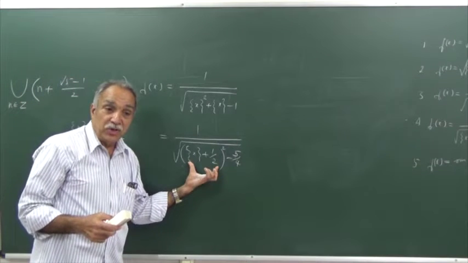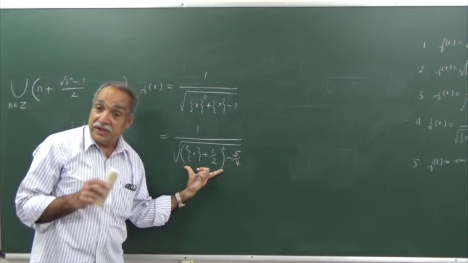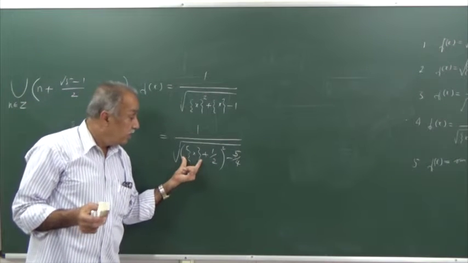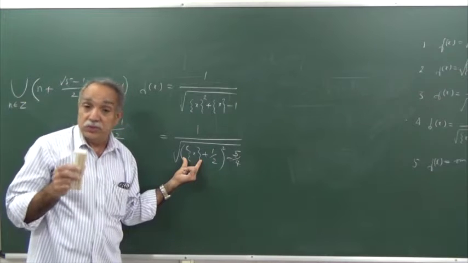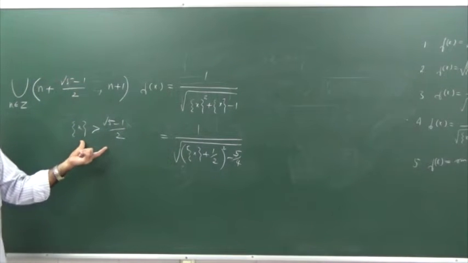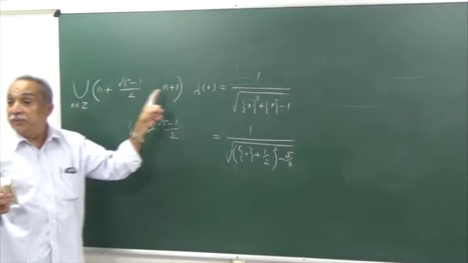This quantity is greater than, not equal to, greater than 5 by 4. This is greater than root 5 by 2. This is greater than root 5 minus 1 by 2 that I have recorded here. I am just identifying those numbers with the fractional part between root 5 minus 1 by 2 and 1.